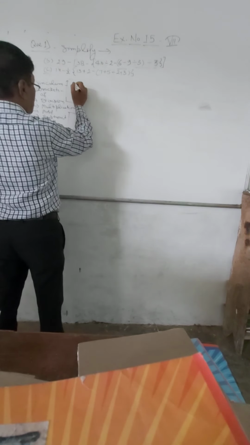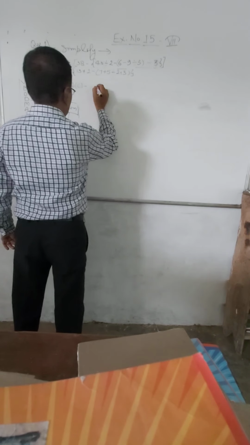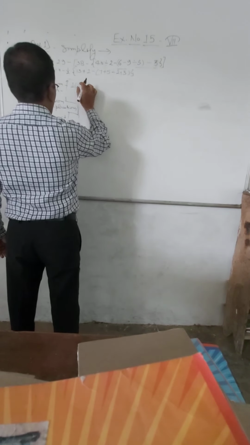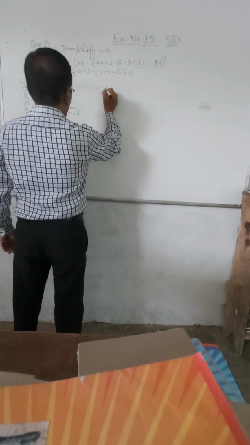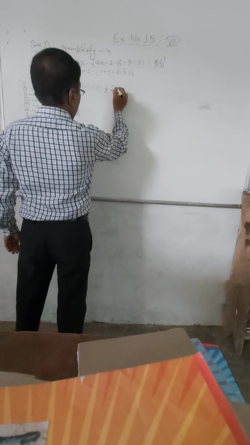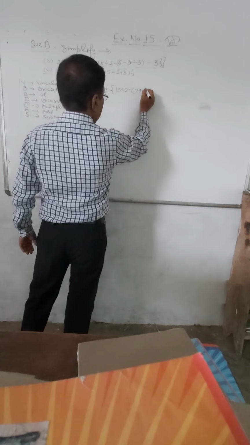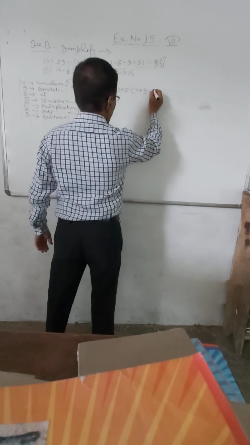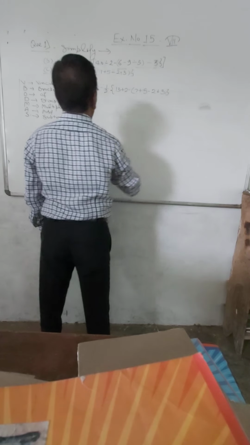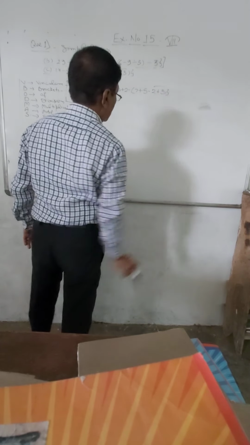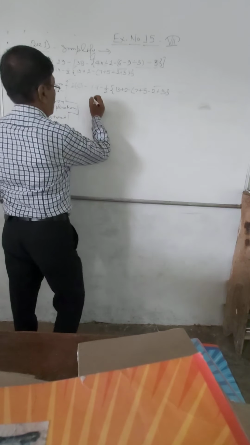Take this problem, question number 1C. 14 minus half, 13 plus 2 minus 7 plus 5 minus 2 plus 3. Here one line bracket is there. So first of all we will solve this one. 2 plus 3.